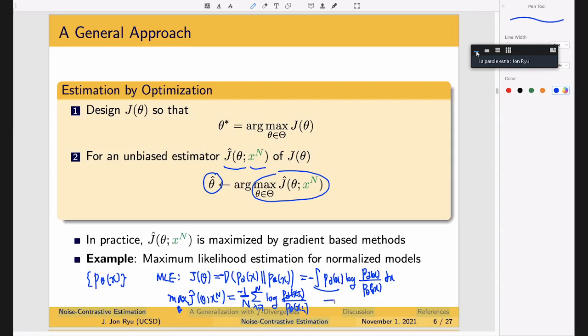So this becomes the usual maximization of log likelihood, log P theta xi. Here I just want to highlight that MLE can also be formulated in this form. And NCE is another instantiation of this generic approach.